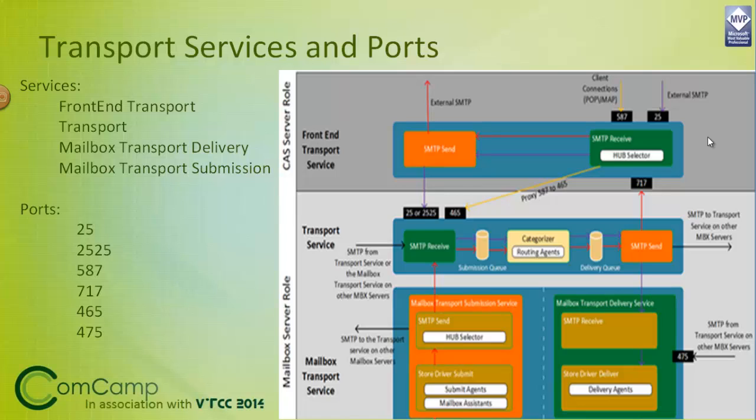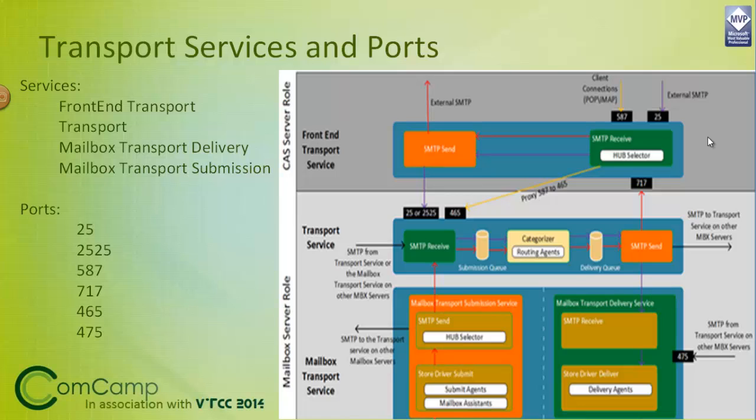The transport service routes messages between the mailbox transport service and the front-end transport service. So the transport service component basically routes the email between the mailbox transport service and the front-end transport service.